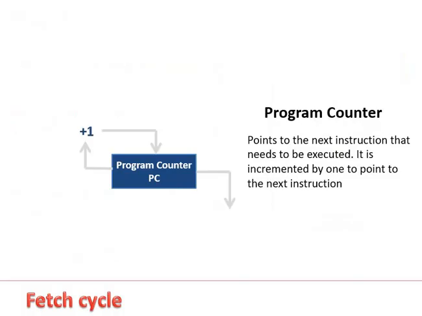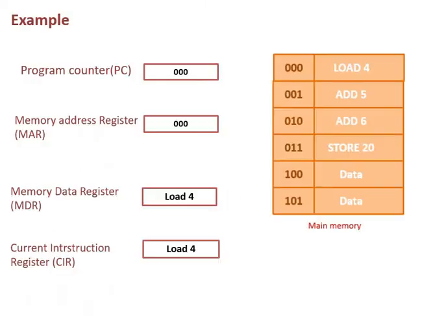Okay, now here, what is a program counter? It points to the next instruction that needs to be executed. It is incremented by 1 to point to the next instruction. When the program counter copies the address to the memory address register, the program counter will now have the 001 address.